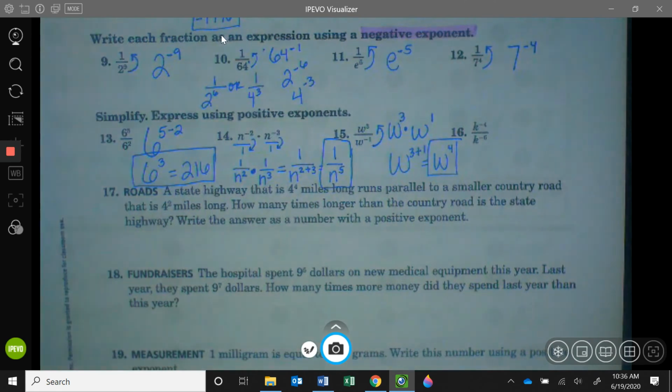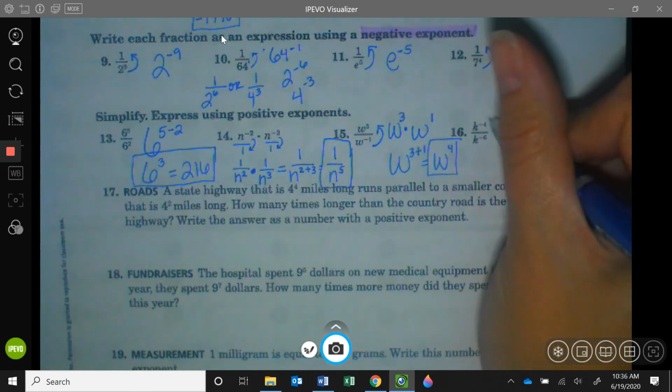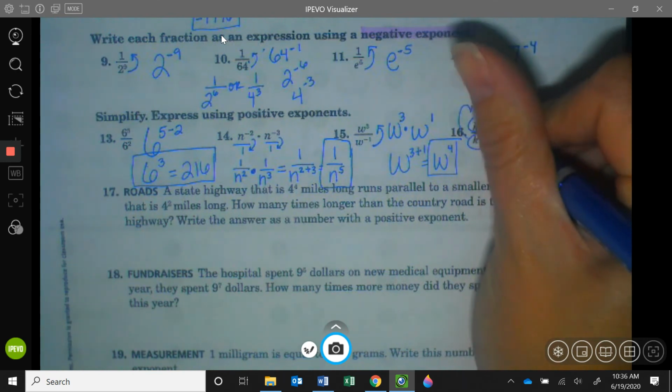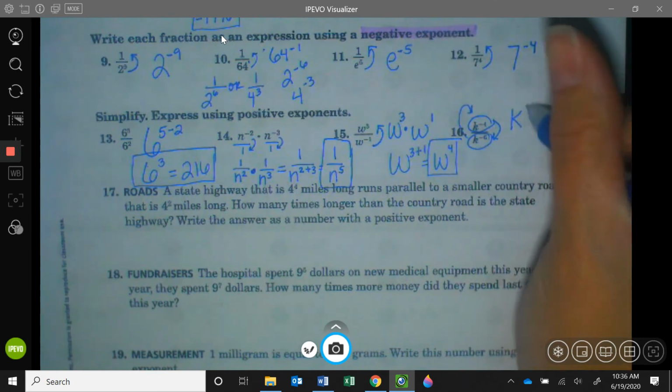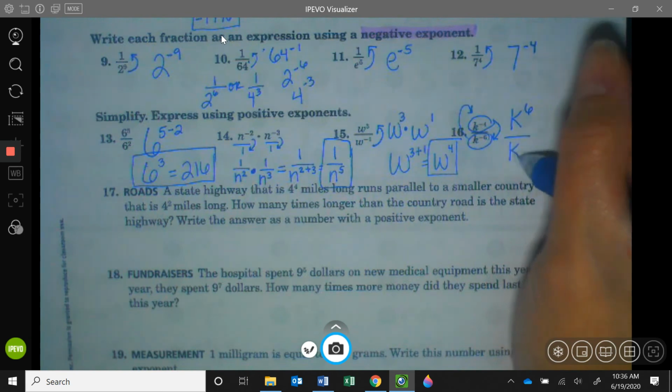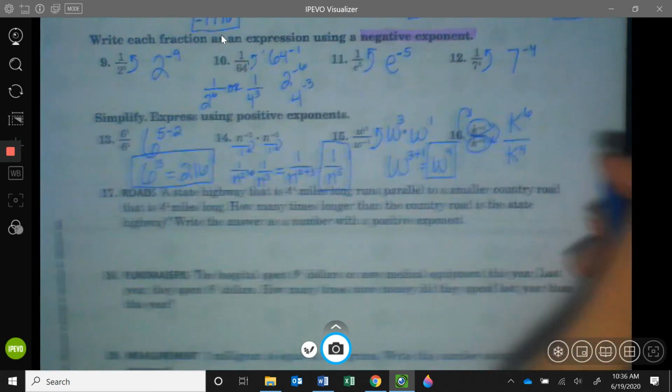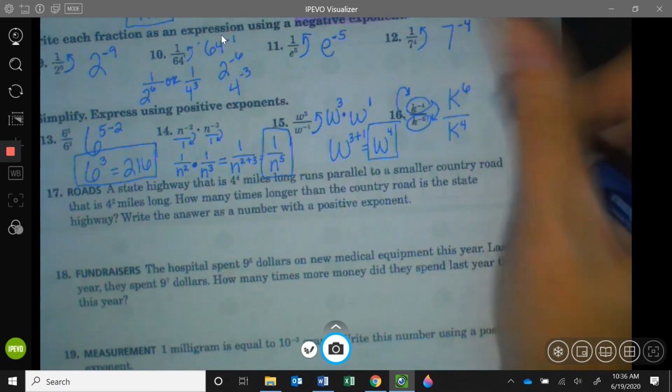Okay, look at number 16. They're both negative. So this one needs to go down, and this one needs to go up. So now we have k to the 6th power over k to the 4th power, right? They just flipped places because they were both negative, so they had to move. Then it's a division problem, so we get to subtract the exponents.